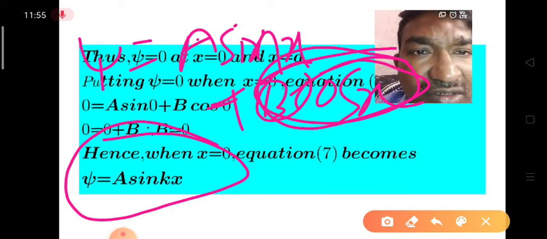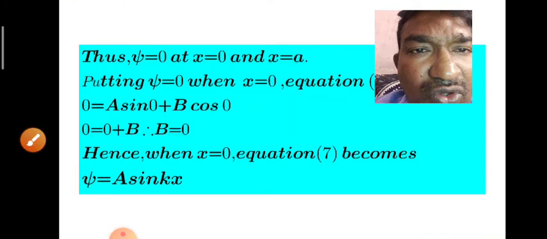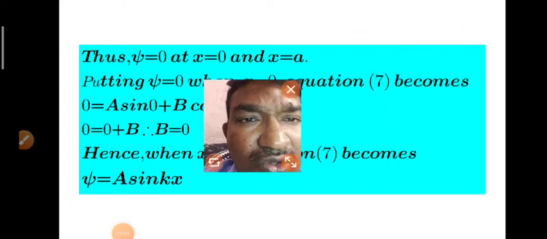This is a solution for the Schrodinger equation for a particle which is moving in a one-dimensional box.